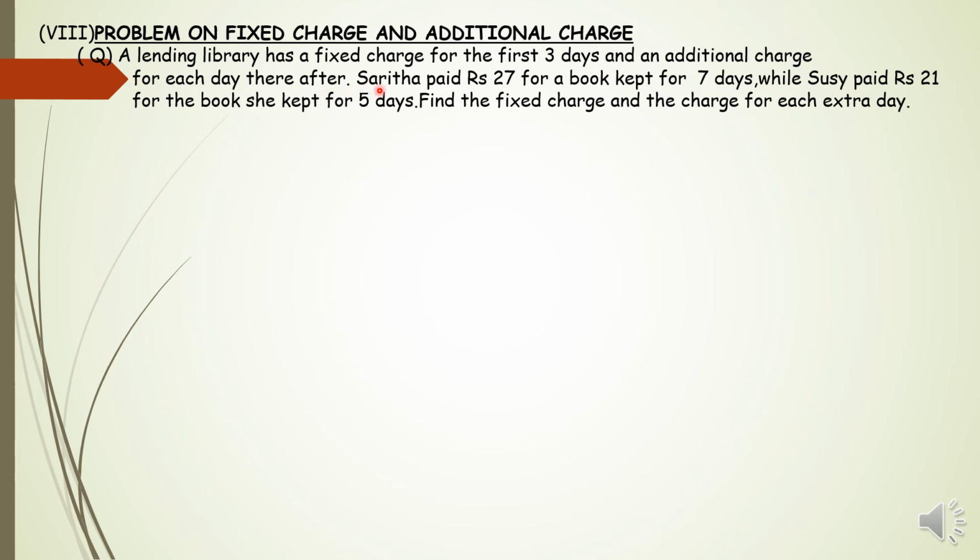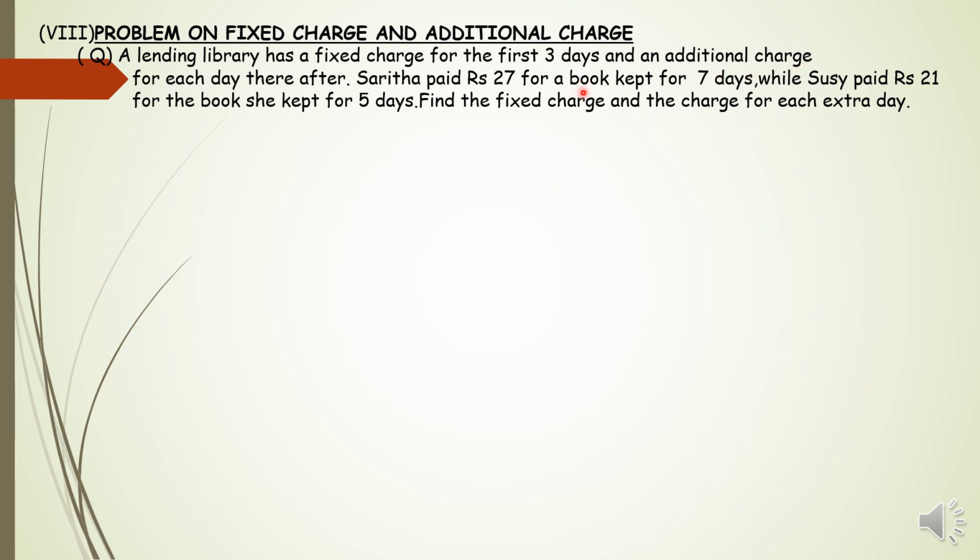Sarita paid rupees 27 for a book kept for 7 days. That means you can keep the book for 3 days with the fixed charge, and for the remaining 4 days you need to pay the additional charge.